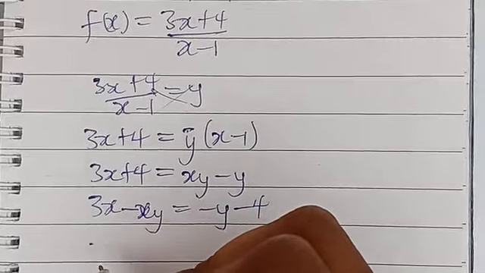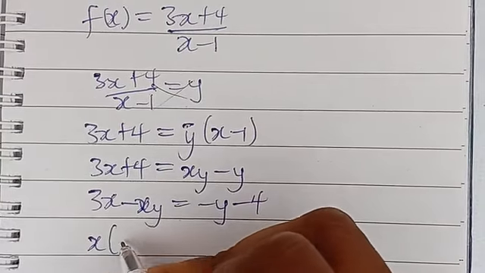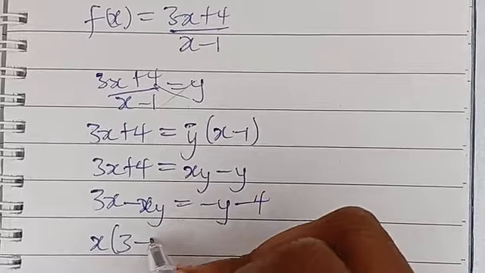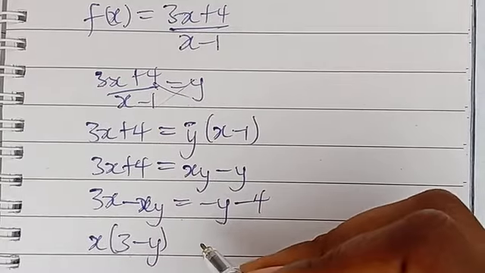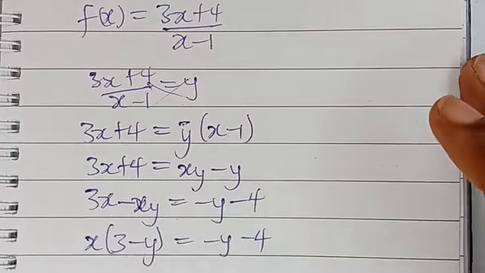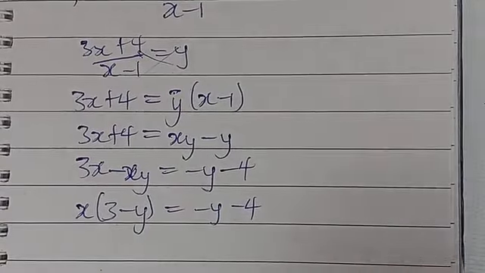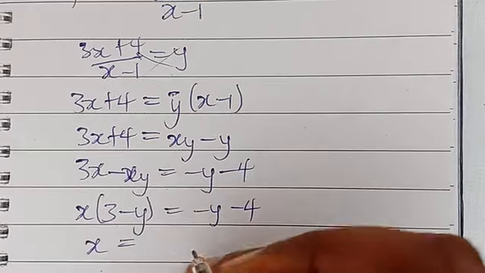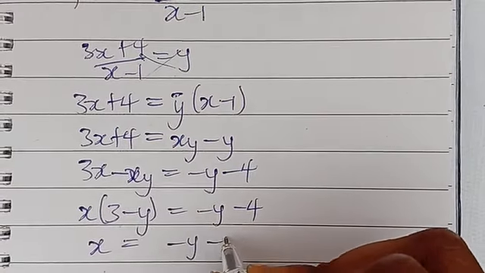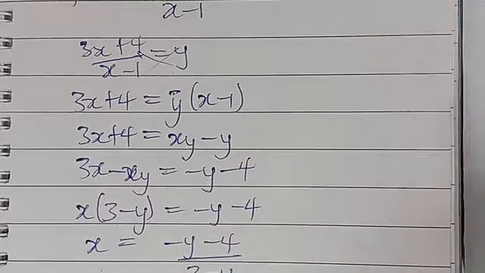We have that x being outside of the bracket is (3 - y), and then minus y minus 4. Then we divide both sides by 3 - y. x is equal to (-y - 4)/(3 - y).